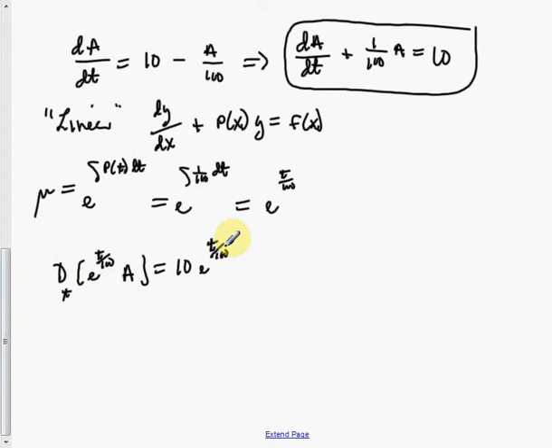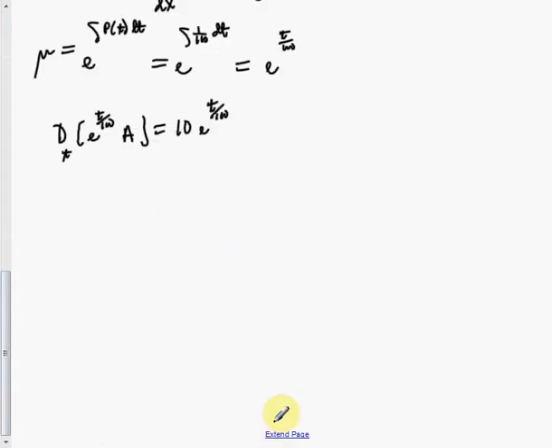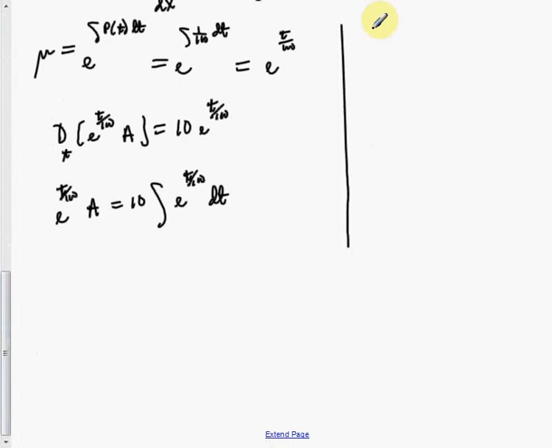We integrate both sides, so that left side just becomes the inside term here. This is just e to the t over 100 times A is equal to 10 times the integral of e to the t over 100 dt. So now that's where I need to show the u du.